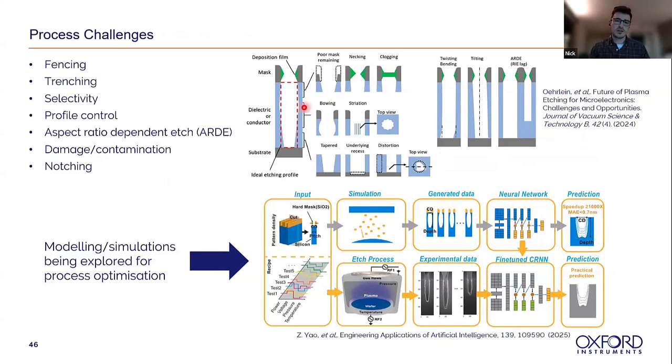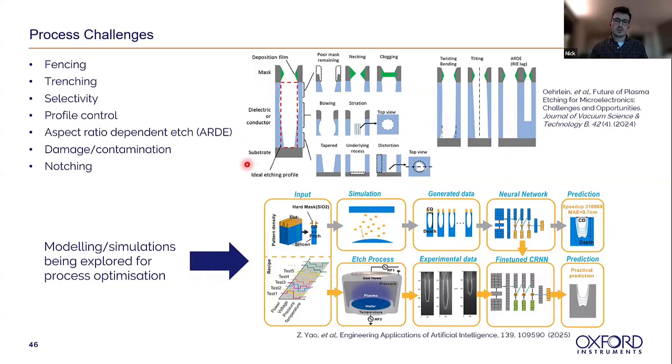You can see some of the issues that you have: variation in profile, deposition on your mask, undercutting, distortions, tilting. And there's aspect ratio dependent etching, which I mentioned earlier. One of the interesting things people are looking into a lot now is whether we can use modeling and simulations to explore how we can optimize around some of these process issues.